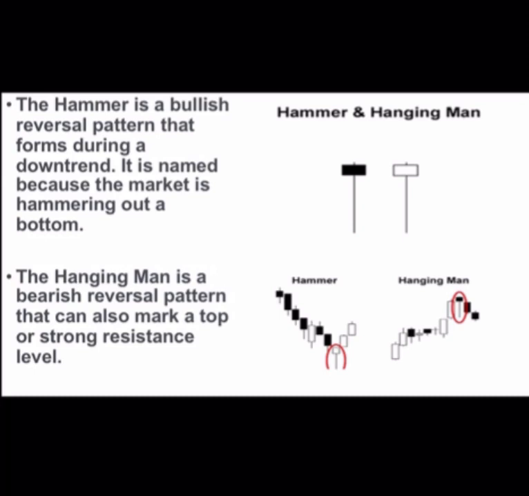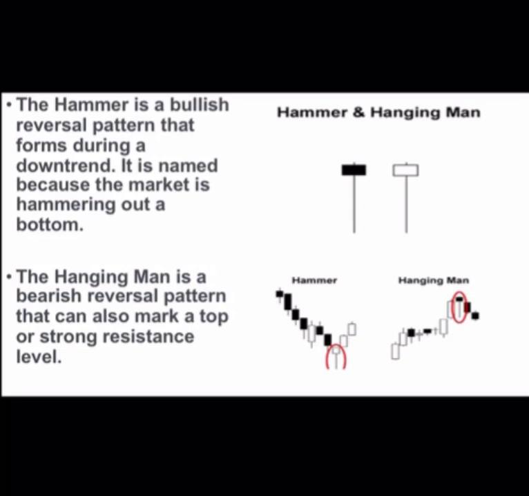Remember, I told you there is no upper shadow, only the lower shadow appears, and the body is a bit smaller. This kind of candlestick is called either hammer or hanging man. The hammer candlestick is for the bullish trend, while the hanging man candlestick is for the bearish trend.